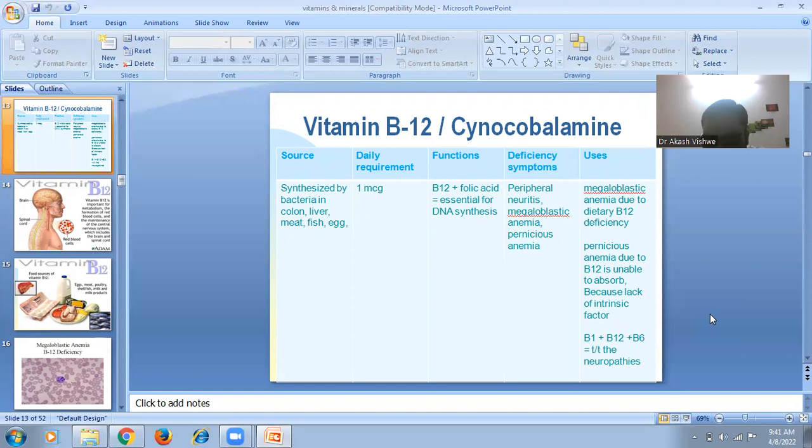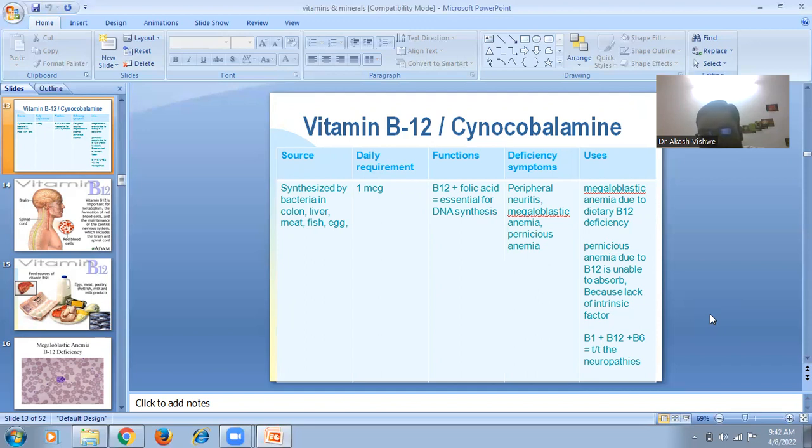It is unable to be absorbed in the intestine because of lack of intrinsic factor. There is an intrinsic factor which is found in the stomach, and without its availability or in its absence, it is unable to absorb vitamin B12. So the pernicious anemia occurs.